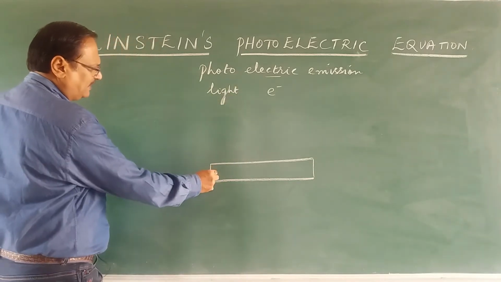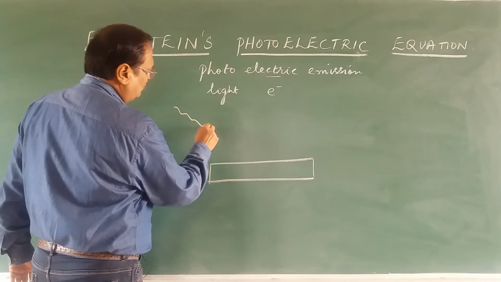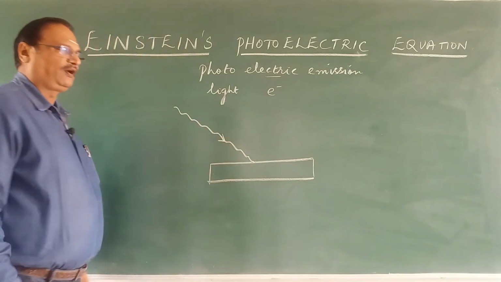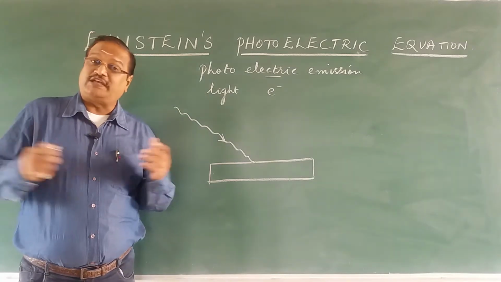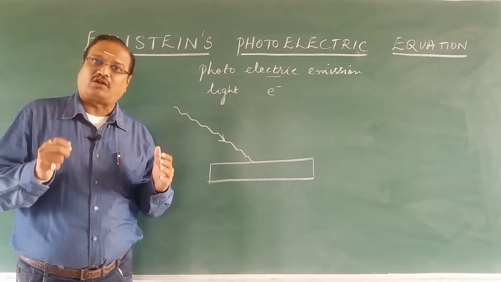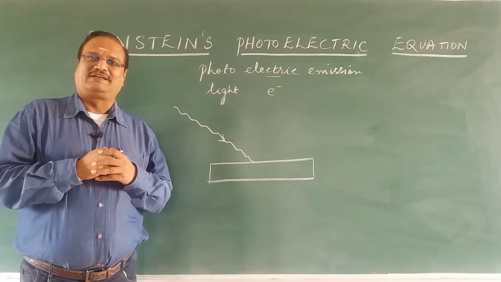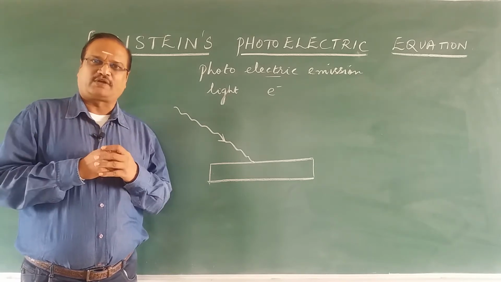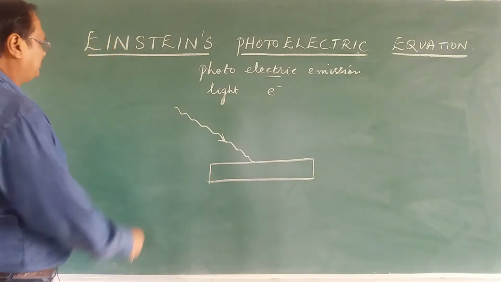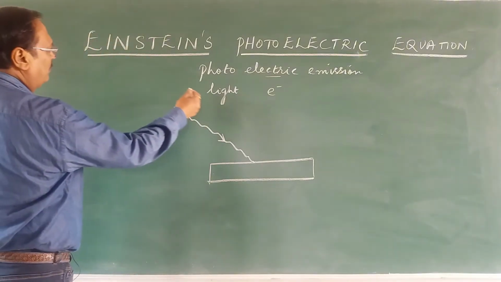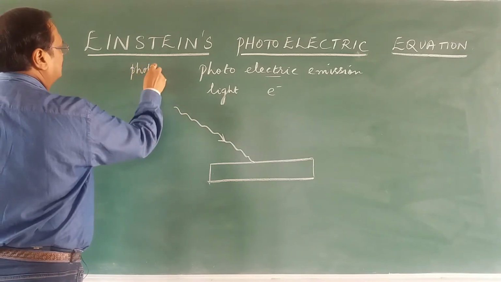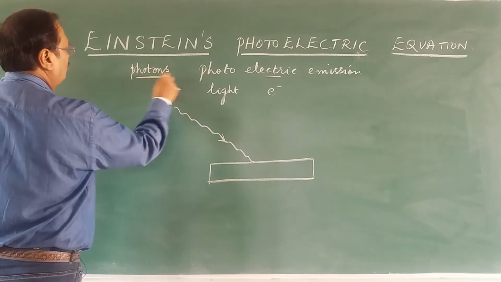Now when I take a metal here and allow light to fall on it, yesterday I told you about the basic concept of photon or quanta, Max Planck's theory. According to Planck's quantum theory, light is made up of quanta or photons. You can call these light particles photons.